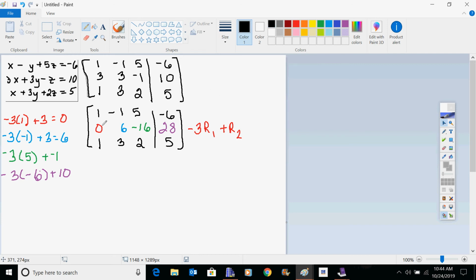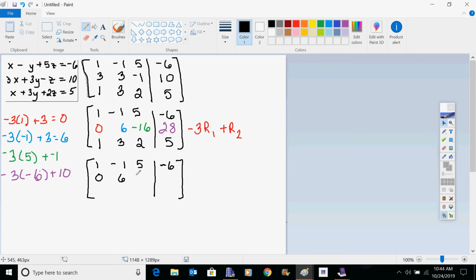All right, so next thing we need to do is make it so that we end up getting a 0 in this spot. So we're going to keep row 1 alone. We're trying to get 0s and 1s so that, just like in the last one, we're going to get 1z equals something at the end.